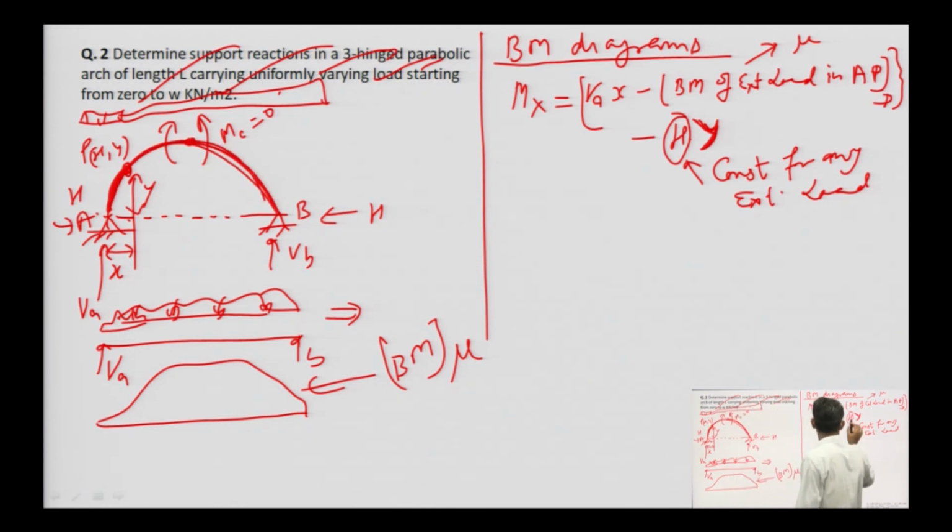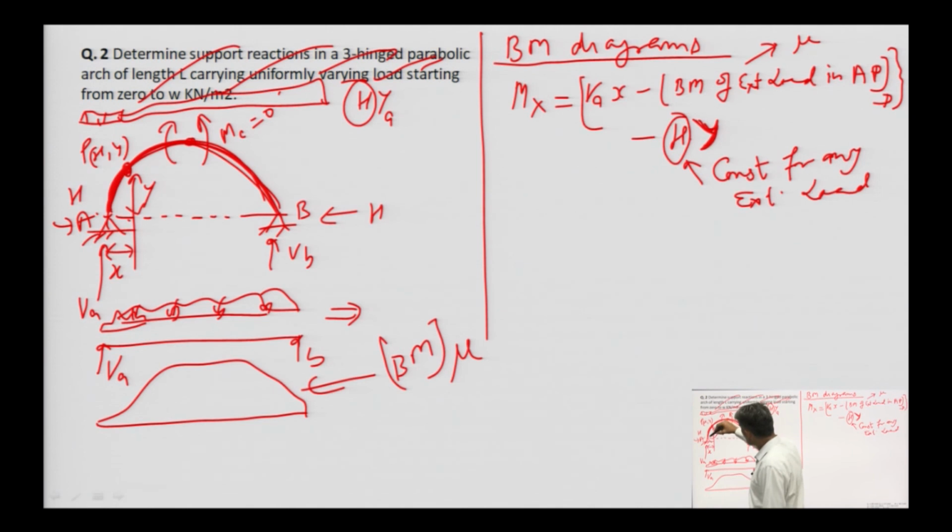So, the BMD of H into y will be what? y is the ordinate, and when it is multiplied by H, we will get the Hy moment.